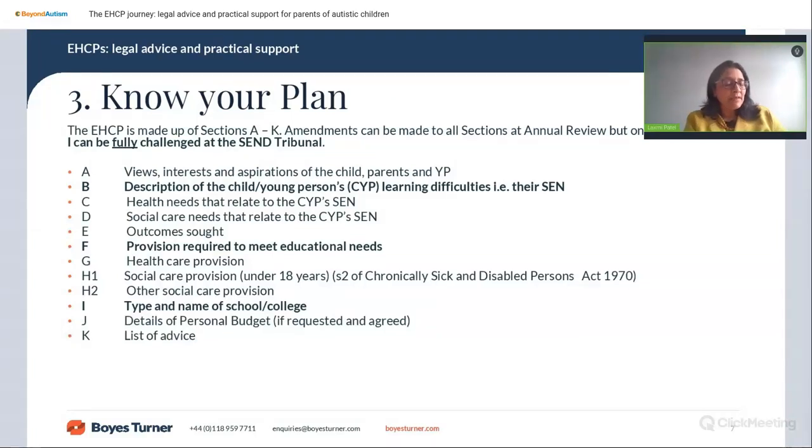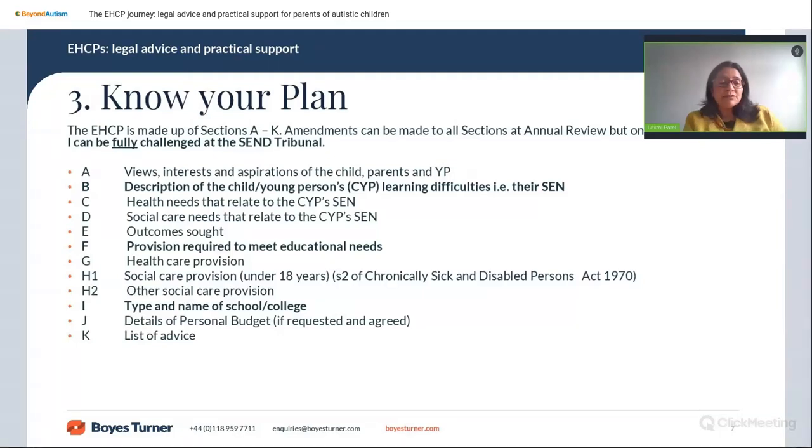And that needs careful drafting and checking as well, but I'll go on to that in a later slide. And then section G will set out healthcare provision, and section H will set out social care provision. So here, for example, you may have any respite, any additional support from social care for the family as well.